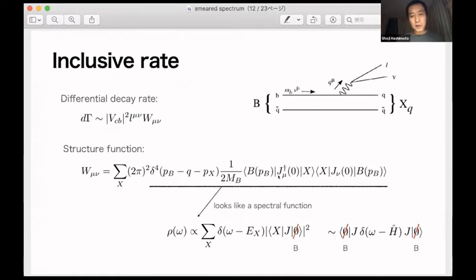And if we replace the initial state by B, the same thing applies. If we are able to obtain the matrix element of the delta function, we can reproduce the whole spectrum of the structure function, and then you can finally obtain the differential decay rate.